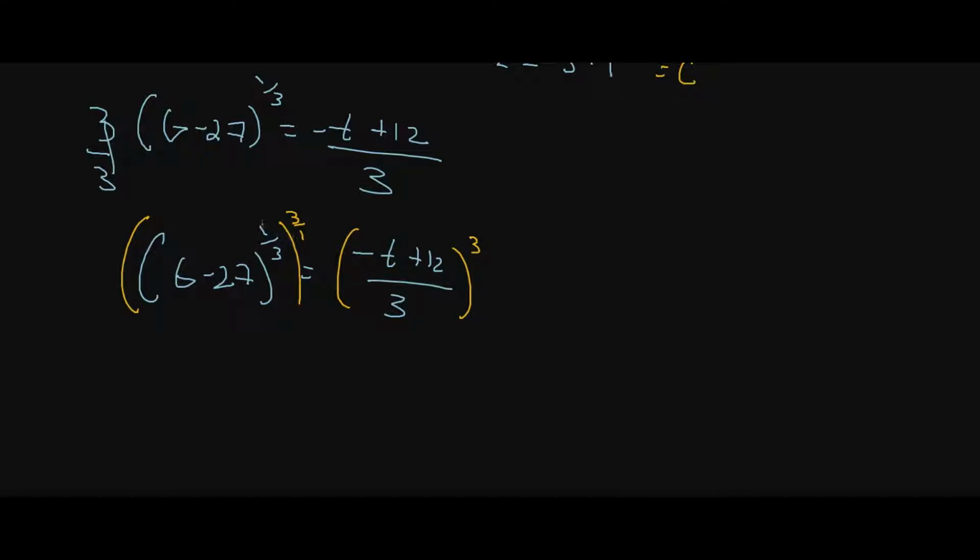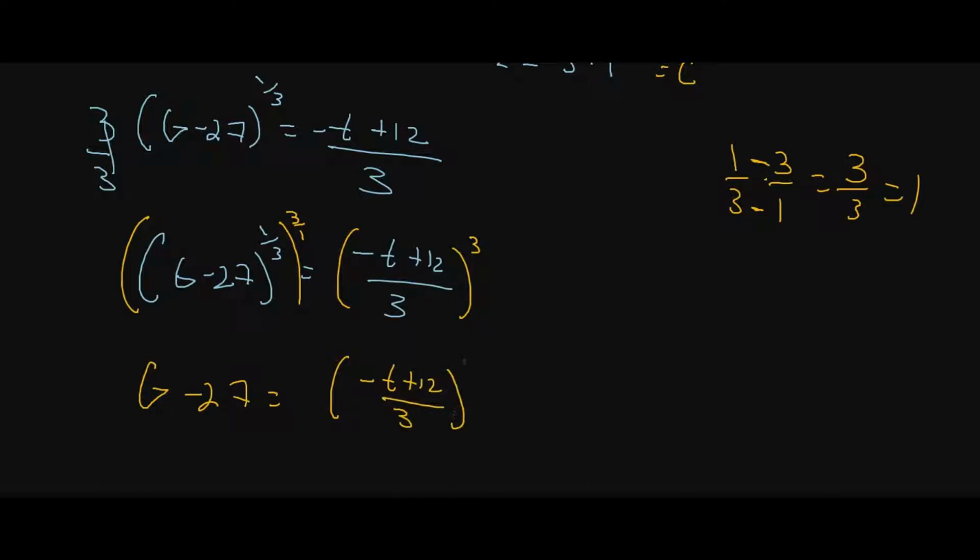Why 3 over 1? Well, 1/3 times 3 over 1 is 3 over 3, right? 1 times 3, 3 times 1, which is 1. They cancel out. So we get g minus 27 is equal to ((negative t plus 12) divided by 3) raised to the 3rd power. Now the last step to do is add 27.